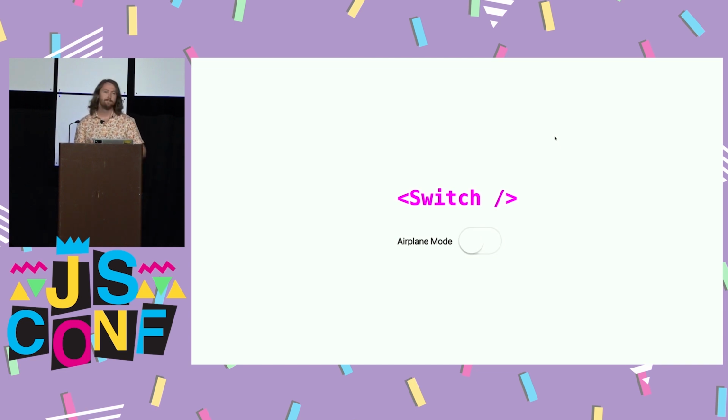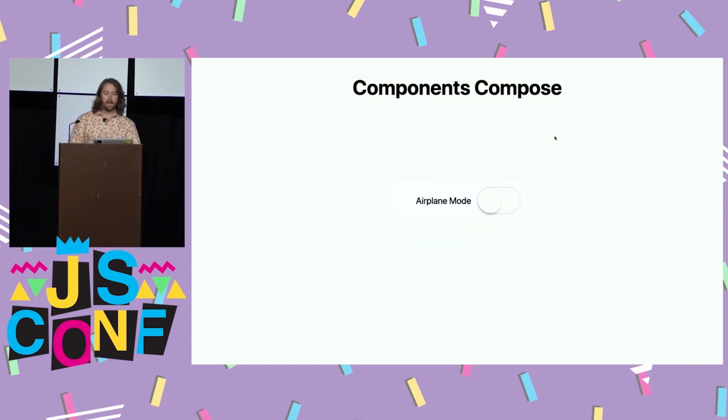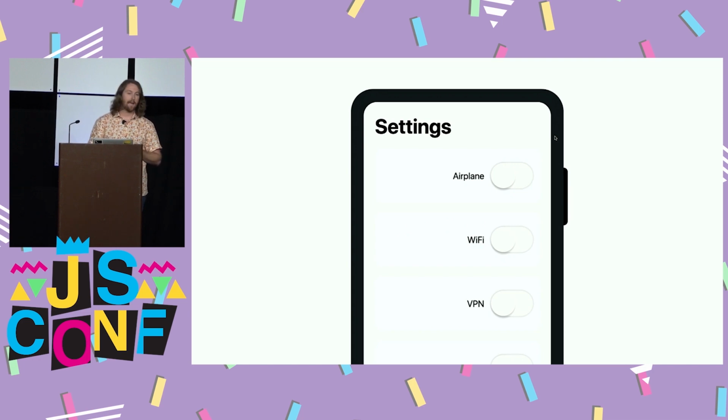When it's off, it's not. The thing about components is that they're also composable. So we could take this switch component and add it to a row, for example. And say we take that row component and add it to our settings screen, and suddenly we have basically a screen in our application.